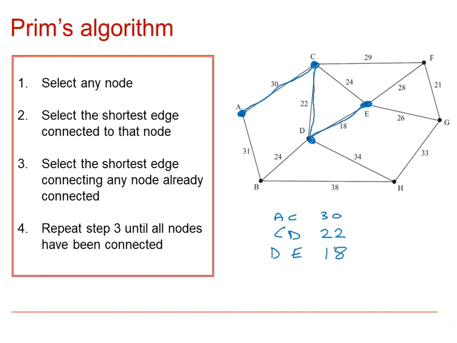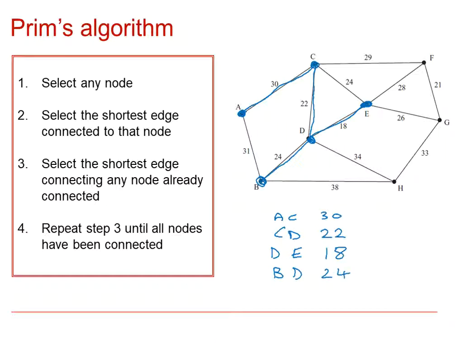The next shortest edge I can connect to A or C or D or E. So there's a 29, a 28, a 26, a 34, a 31, a 24. So the next shortest one is that 24 there. So that's BD at 24.